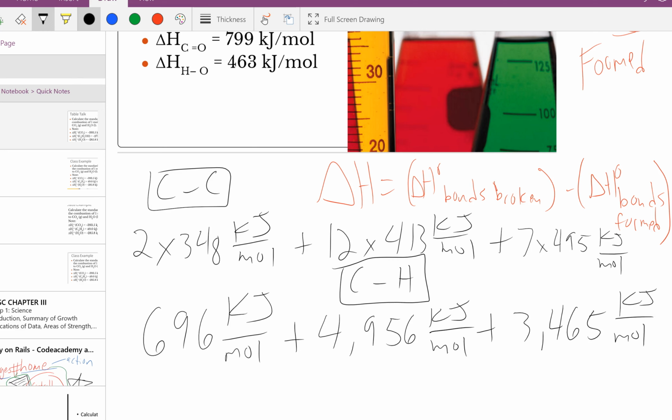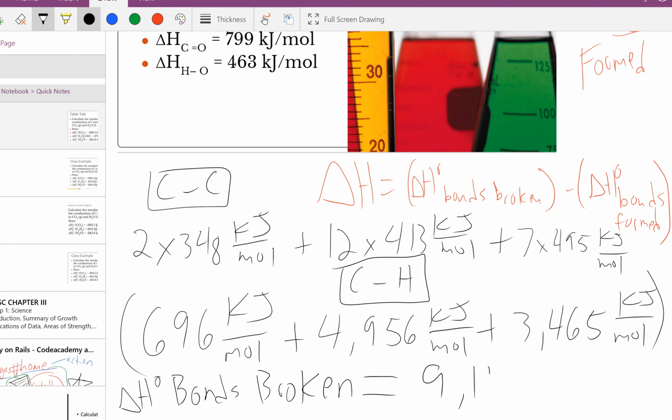And this is going to be the total of bonds broken. The delta H of bonds broken is going to equal 9,117 kilojoules per mole. Correct me if I'm wrong.